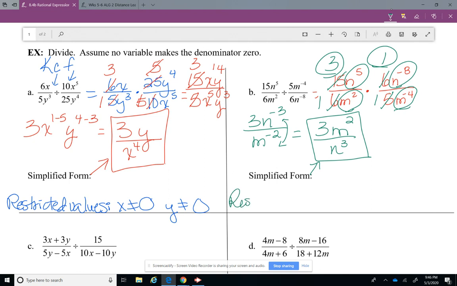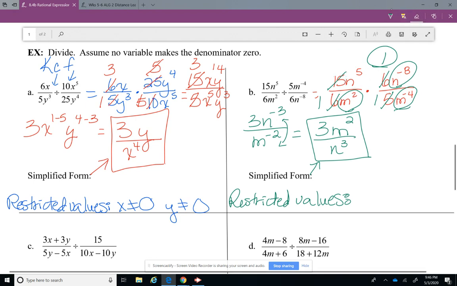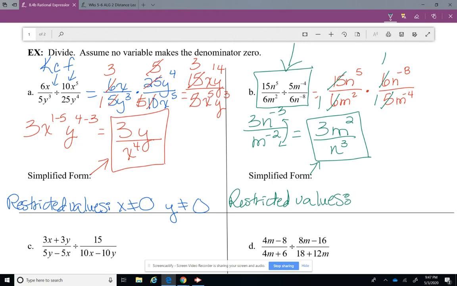All right, I did not do my restricted values first. And remember, you wait to do your restricted values if you had to factor, but I didn't have to factor. Now, remember where you go to do your restricted values. In a division problem, you do not go to the first one.